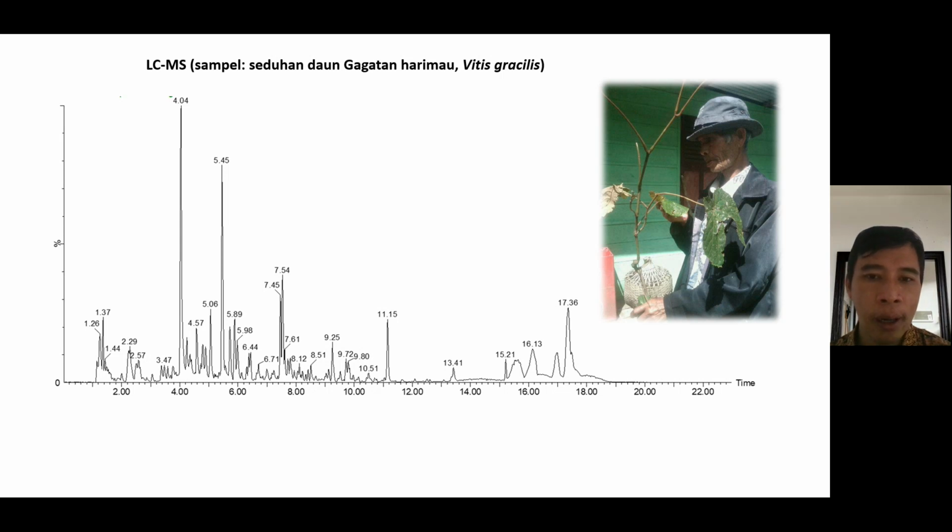So for Ficus gracilis, I collected the leaves, dried them up, and prepared them like when you prepare tea, and then we call it decoction.